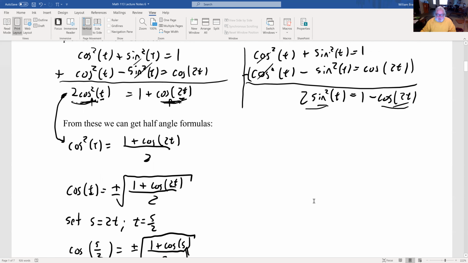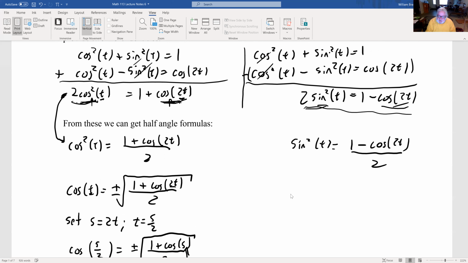We can do exactly the same thing with this formula here, right? So sine squared of t is equal to 1 minus cosine 2t over 2. And again, that's just dividing both sides of this equation by 2. So take the square root: sine of t equals plus or minus the square root of 1 minus cosine 2t all over 2.